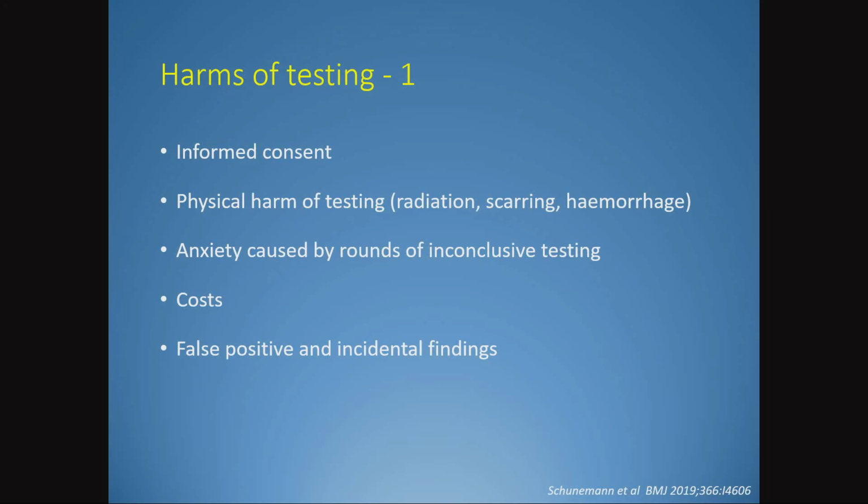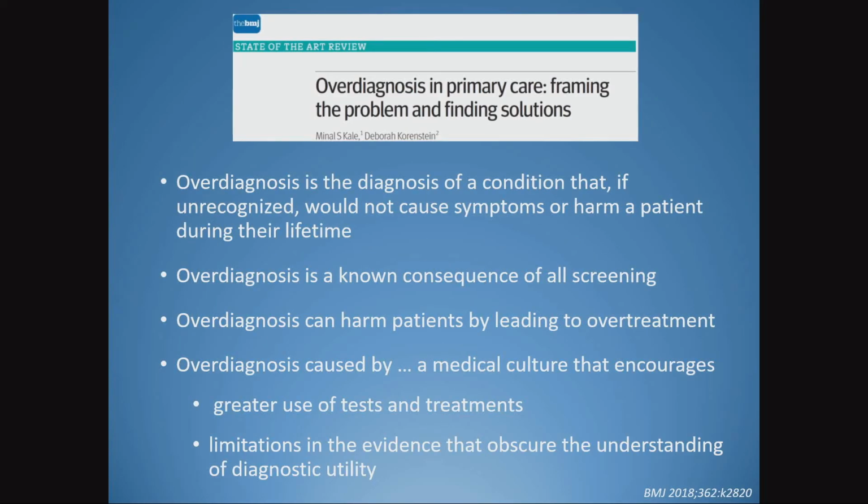And then we have the problem of incidental findings, the Ulysses syndrome. And that's an issue, really, isn't it? Because there's a lot of discussion nowadays about overdiagnosis, particularly in prostate cancer, breast cancer, and monoclonal bands in serum.